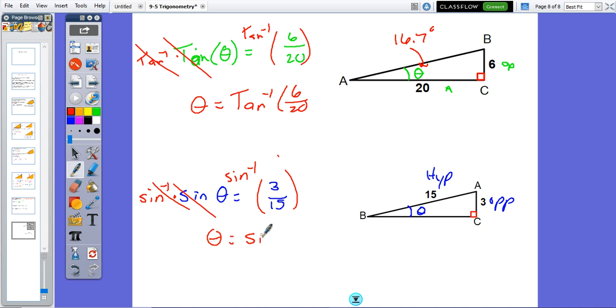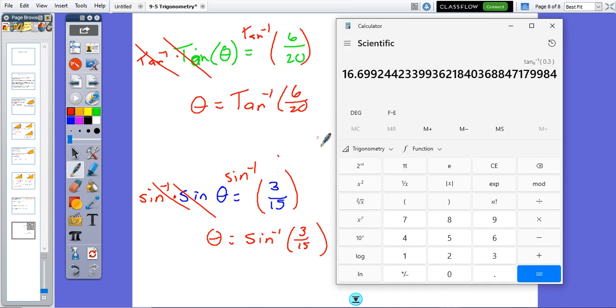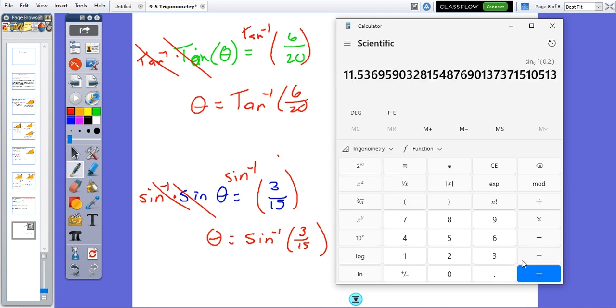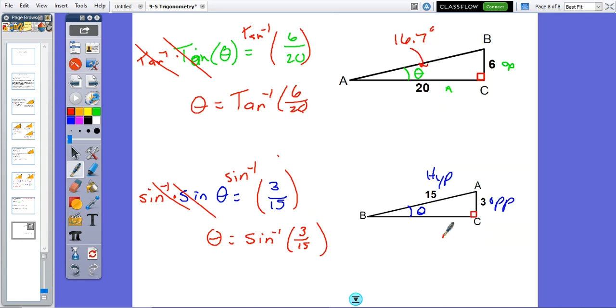On the other side, this is what we're putting in our calculator right here. So we'll do 3 divided by 15. We get 0.2, and then we can do our inverse sine. We get 11.53. Now, let me put 11.54, you round it, 11.54.